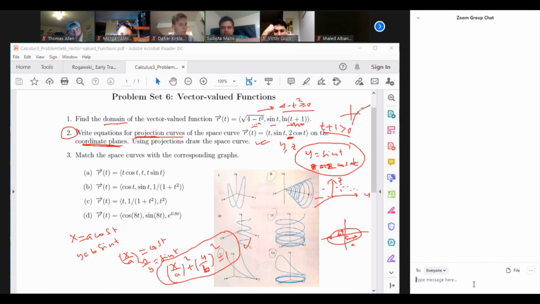Is it going to be a vertical ellipse? It is an ellipse. The ellipse would have this form, so it will look something like this on the yz plane. Or you can draw the yz plane separately, right?